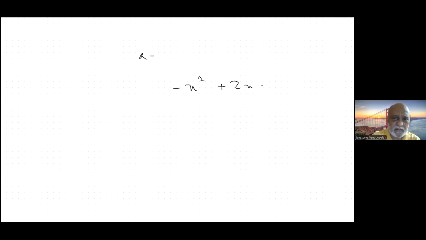So this expression A is negative. So it is equal to minus of x squared minus 2x plus 1. Right? So this is nothing but minus of x minus 1 whole squared.